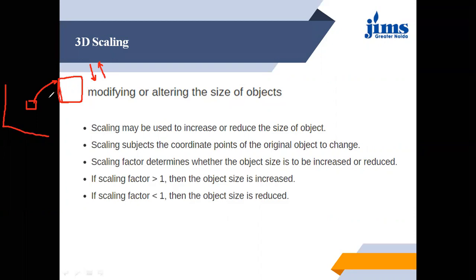This was about 2D, where we do scaling on two axes, the x-axis and the y-axis. In 3D there are three axes, x, y and z, which means our object is three dimensional and has three coordinates.